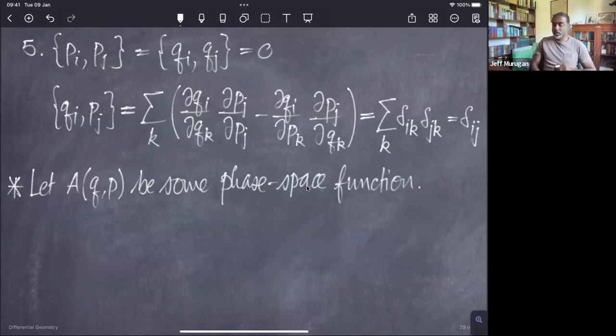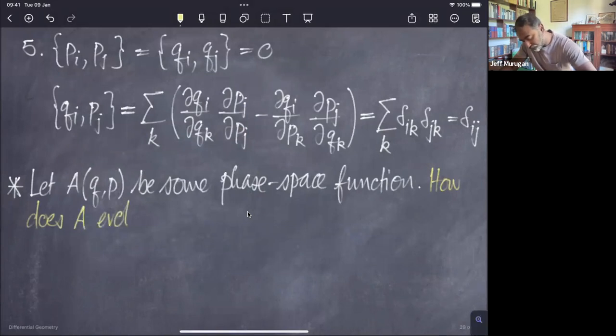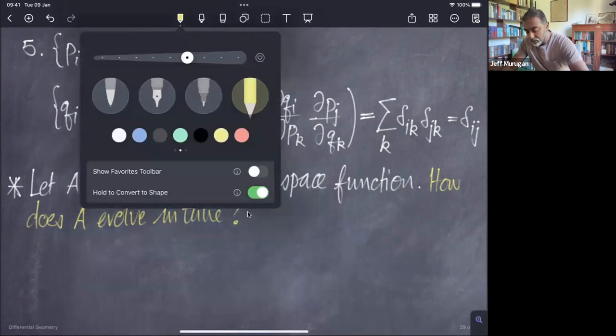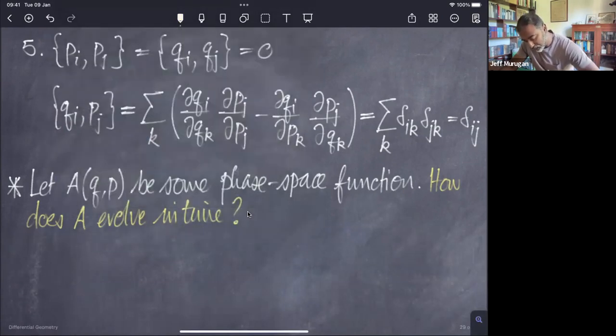And this is the phase space of the Hamiltonian H. The question that we have is, how does A evolve in time? So we need to calculate dA by dt.